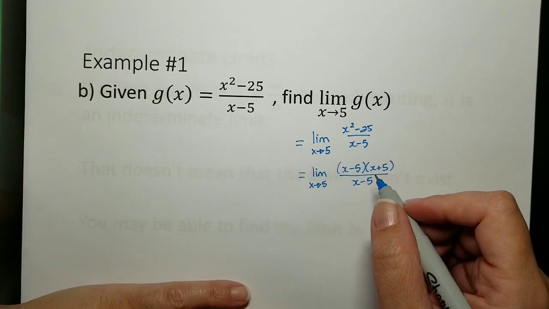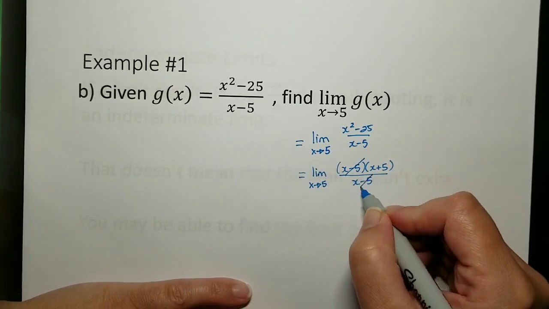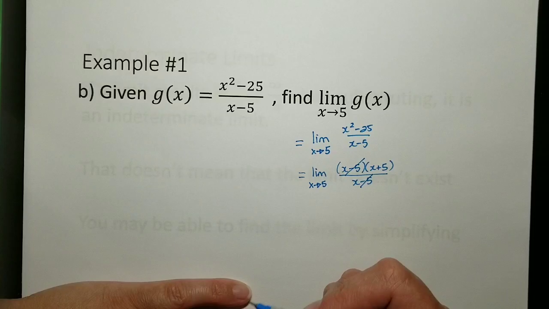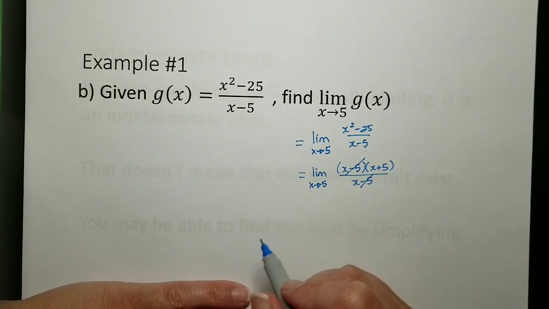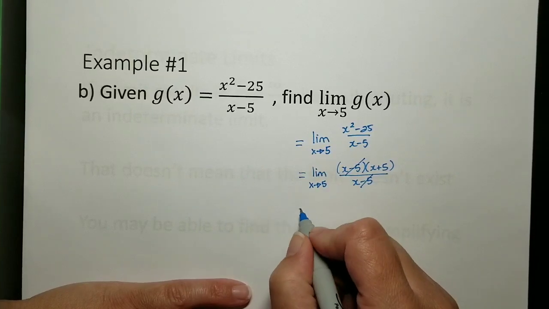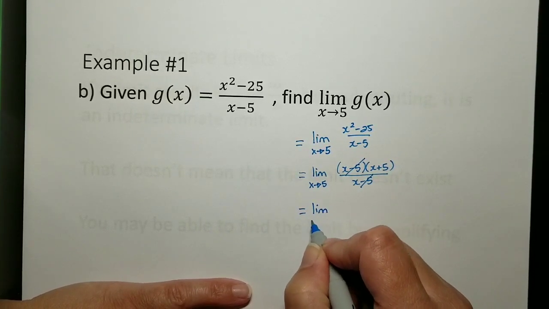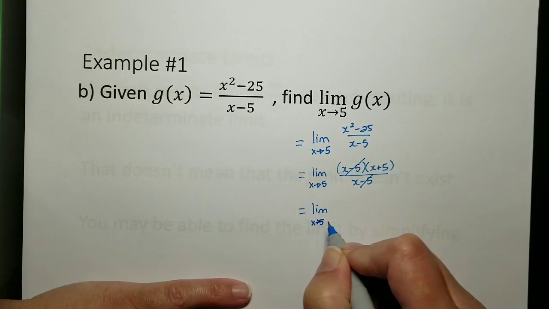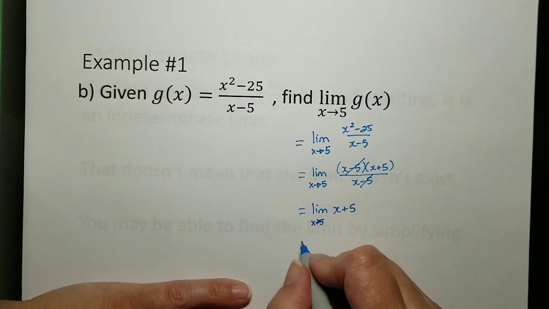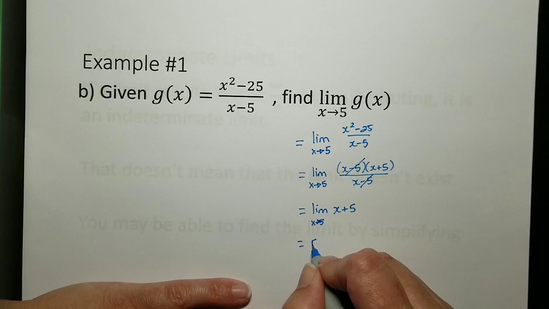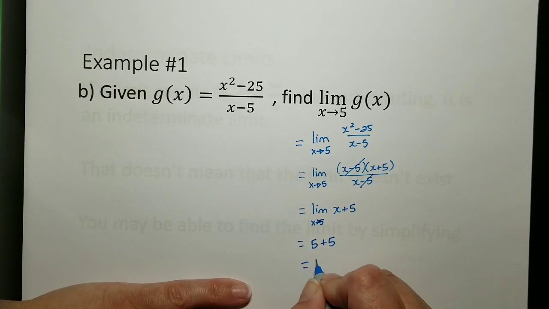So I don't have to pay attention with limits to the restrictions. I'm allowed to have the limit as x approaches 5, even though that was a restriction on my original function. So the limit as x approaches 5 of x plus 5 is 5 plus 5, which is 10.